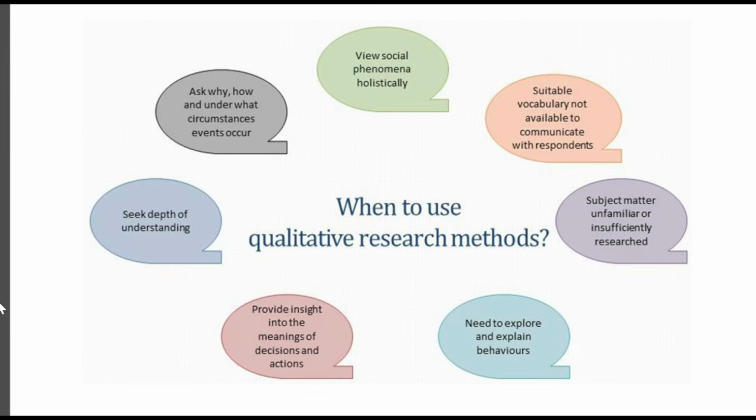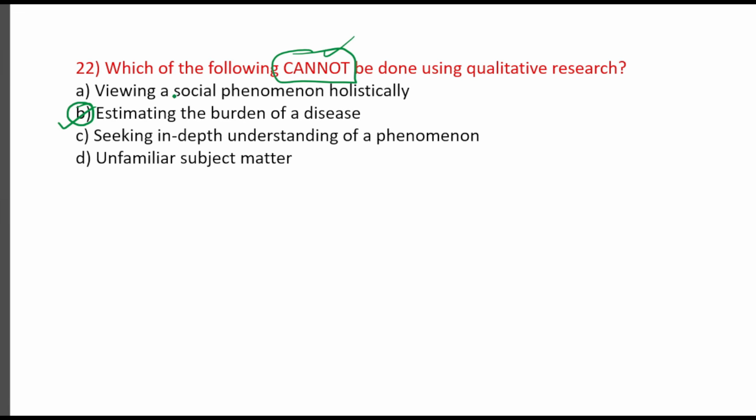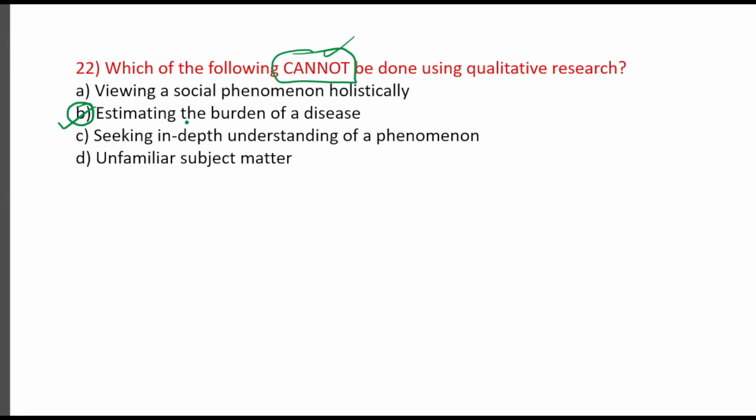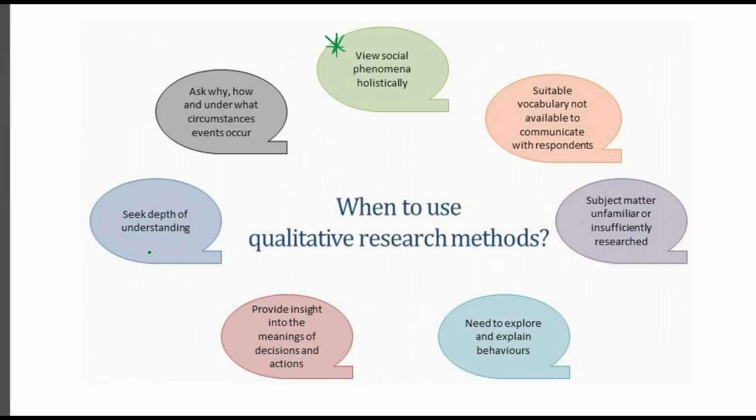See, as I told you, you have to remember this chart. Let us see the options. Viewing a social phenomenon holistically was our first option. It is written over here. Now, second option, estimating the burden of a disease is not mentioned because we know. Third thing, seeking in-depth understanding of a phenomenon is mentioned over here.